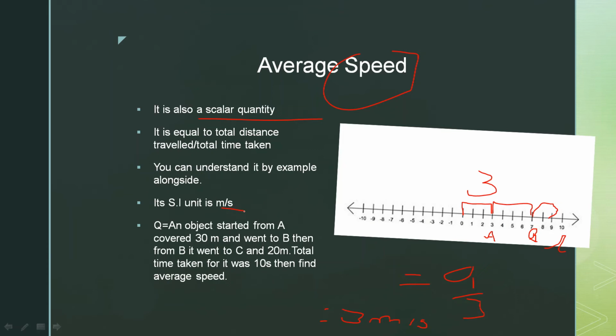This is a numerical for you. I'm going to solve it here. So first you pause the video and do this numerical, and then you start the video and see what's the answer. Okay, I hope you all have done.